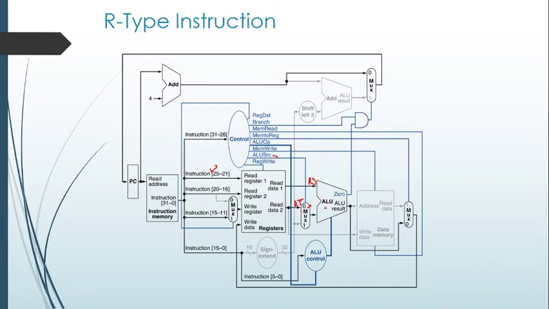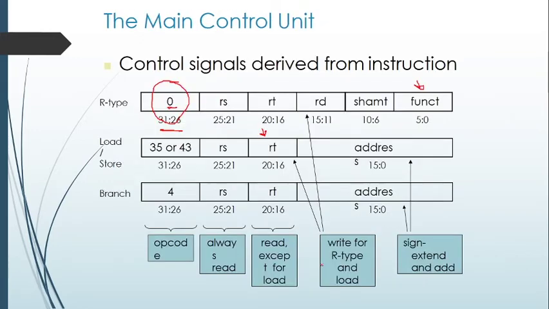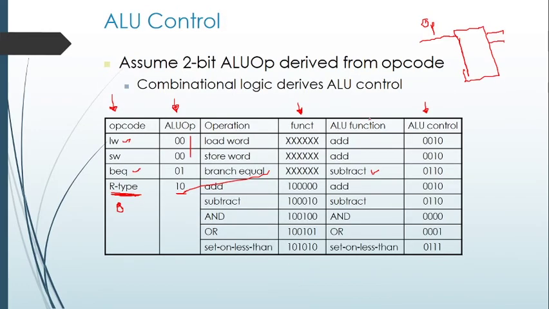Now the second part, ALU control. We know what happens to ALU control. ALU control will have 2 bits coming from the main control unit. These 2 bits say that this is an R type instruction. We have a separate smaller control unit for the ALU that generates the final control signal for your main ALU.